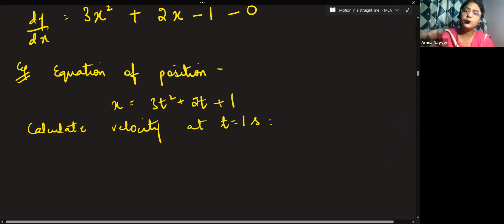Velocity's formula is dx over dt. It means you have to differentiate this equation.